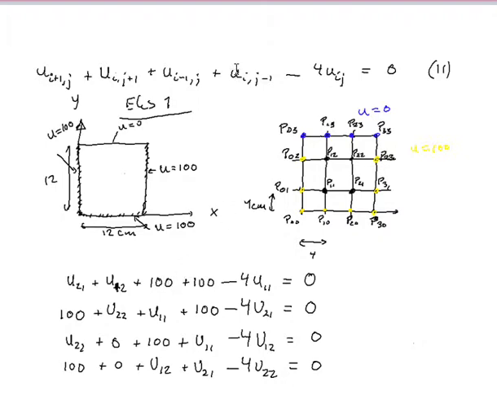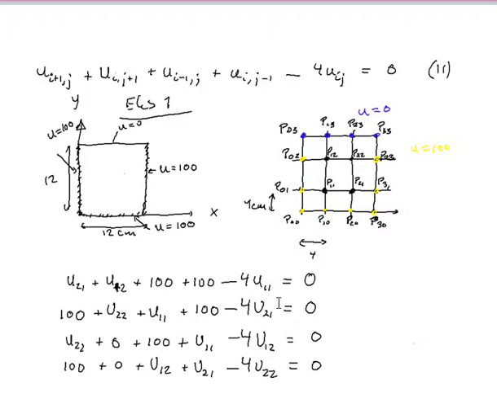What about U10? It is the value here, so we also know it. It's the yellow temperature, so to speak, the value 100. So instead of writing U10, we just write 100. And minus 4 times U11.